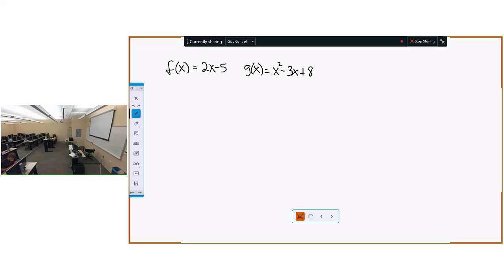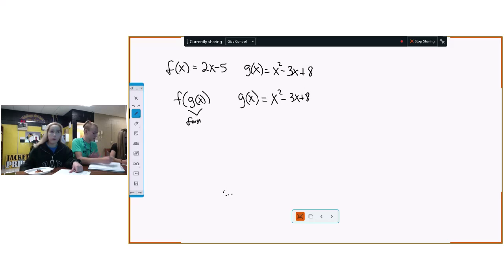So we wanted to find f of g of x. First of all, we have to do the inner function first. So we're going to find g of x. Well, g of x is given. It is x squared minus 3x plus 8.